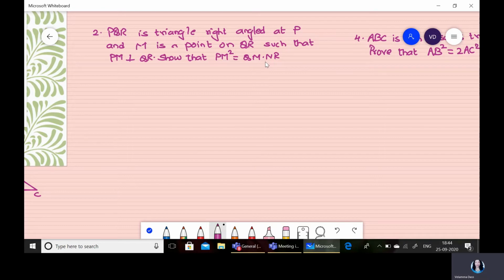So here the diagram first you have to draw. The diagram is not given here. So let's check out the diagram. Here it is given that PQR is right angled at P. So here it's a right angle triangle. Okay, here it's not turning out to be a right angle triangle.